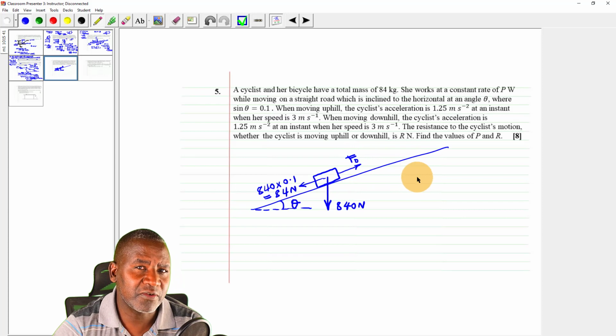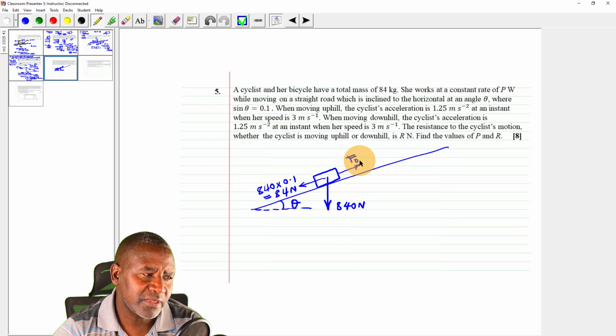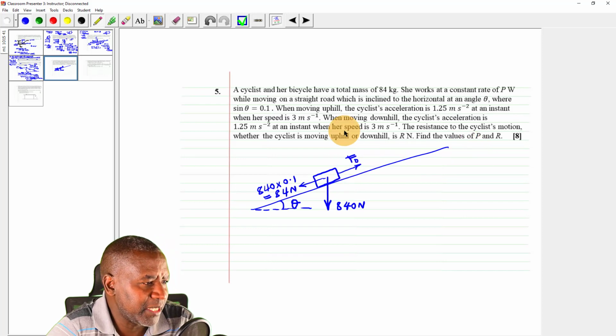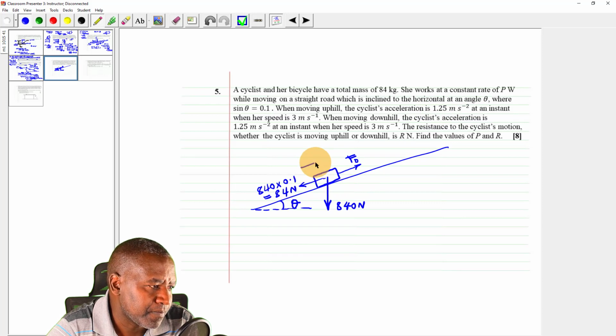And somewhere at the back of the mind, I know Fd is going to be equal to power divided by speed. When moving up the hill, the cyclist accelerates at this much at an instant when the speed is 3 meters per second.